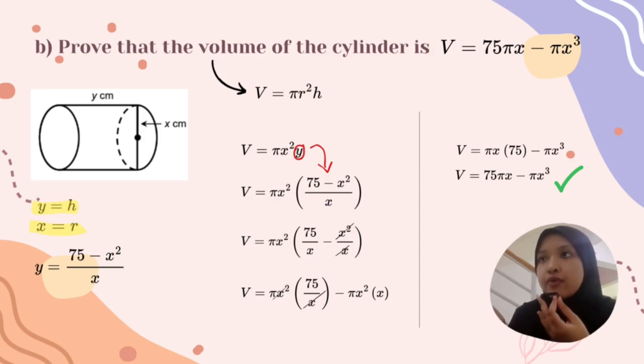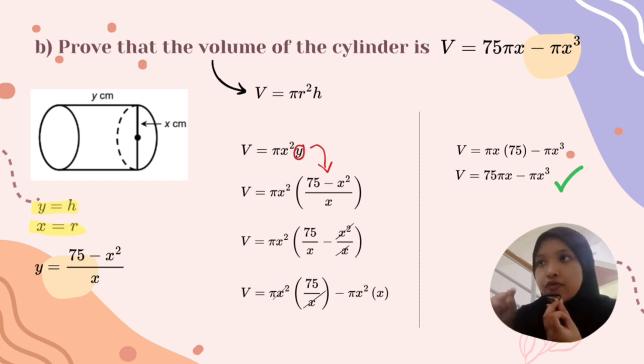Question B. Prove that the volume of the cylinder is V = 75πx − πx³. Today we will derive the volume formula of a cylinder and prove that V = 75πx − πx³. So we will use the given value of y in terms of x that we got from question A. Step 1.